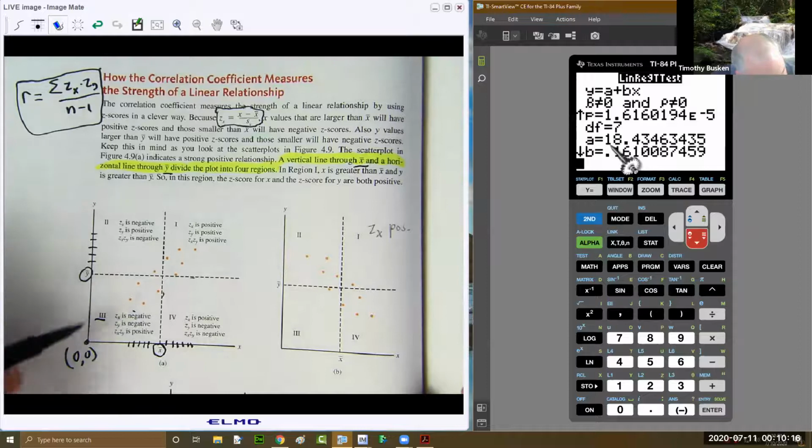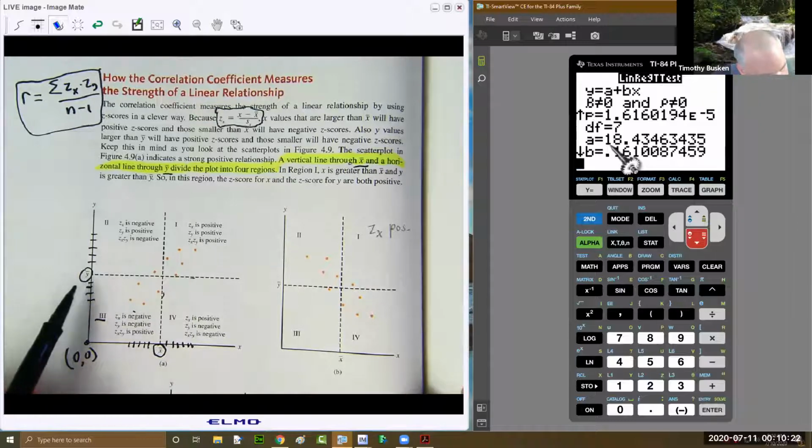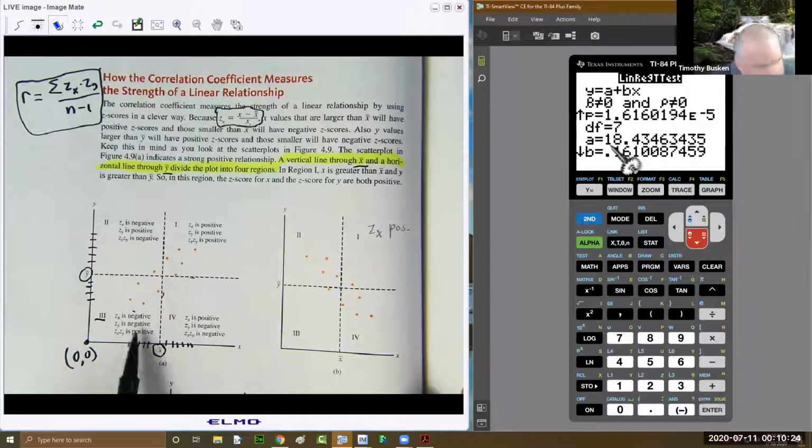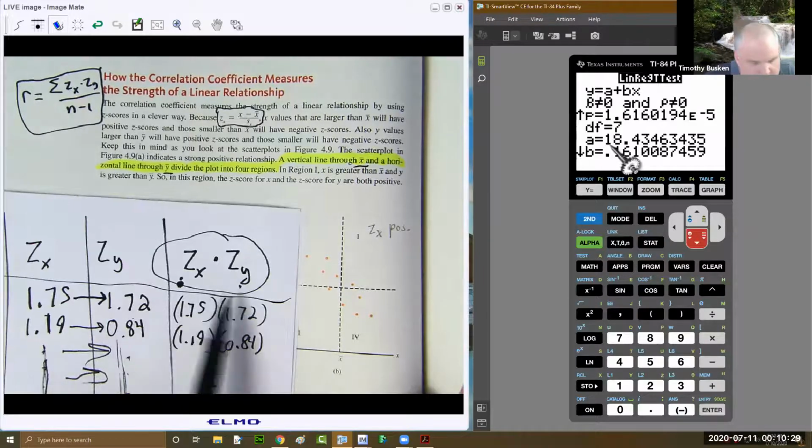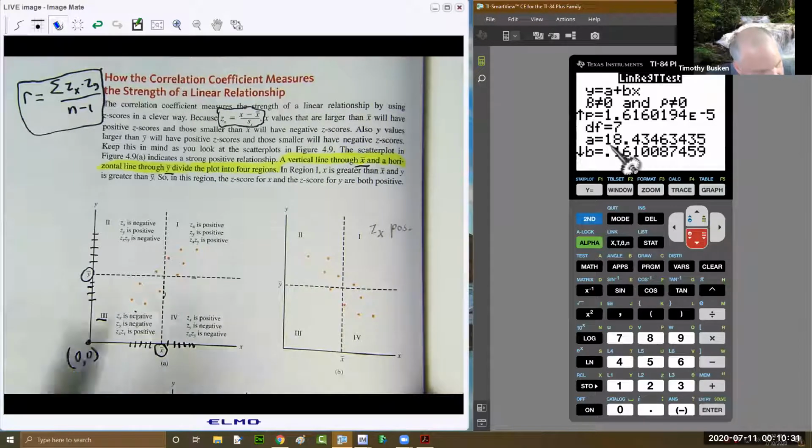Furthermore, all of the y values of each one of these points are less than the average y, and so that means zy will be negative. So then when you go to multiply zx times zy, when you're finding r, for all these points here, you're going to get a positive value for zx times zy every single time.